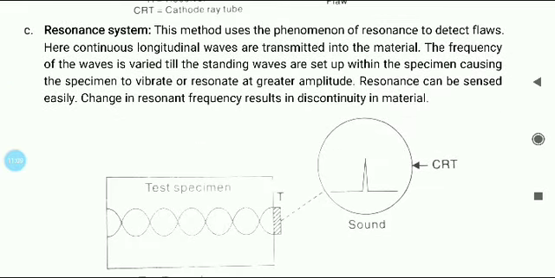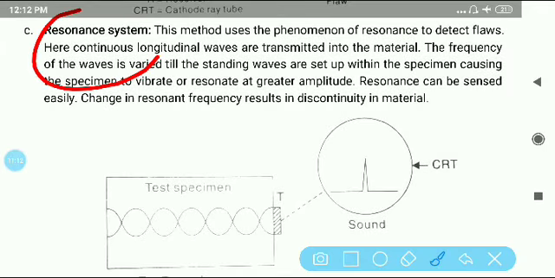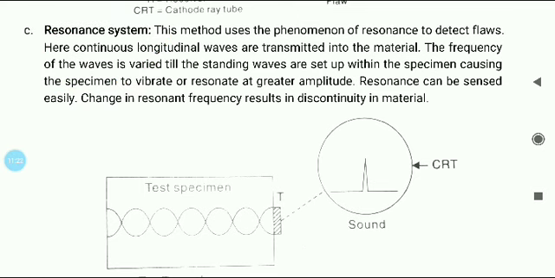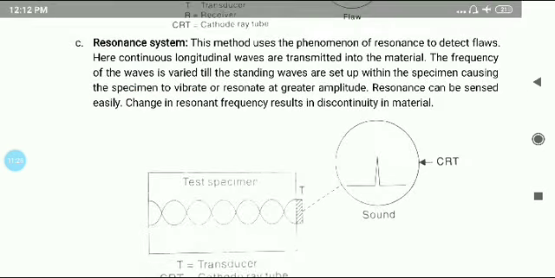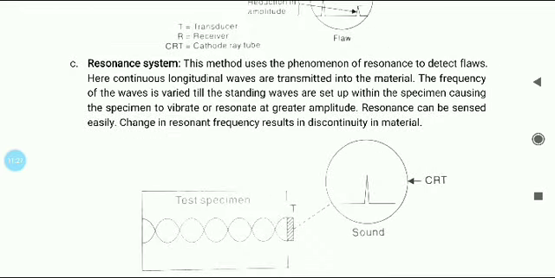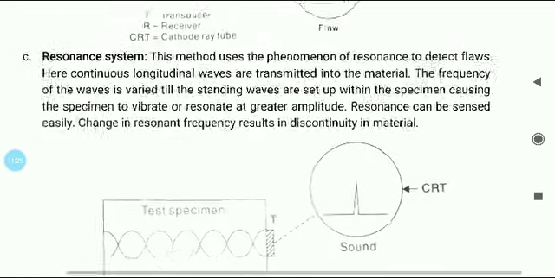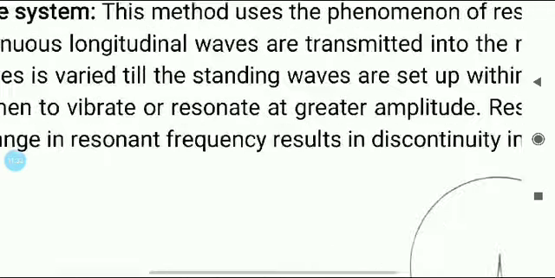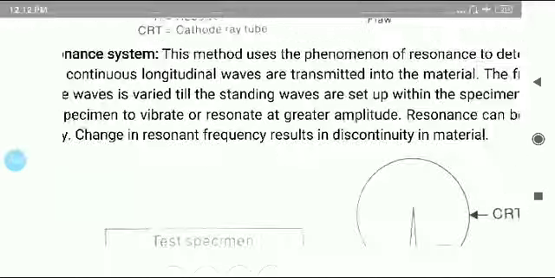Third is the pulse resonance system, whereby the resonance method is employed to test the strength of the material or test the consistency in the material. When you transfer ultrasonic sound to the material, a standing wave is set up and the specimen vibrates or resonates with greater amplitude.